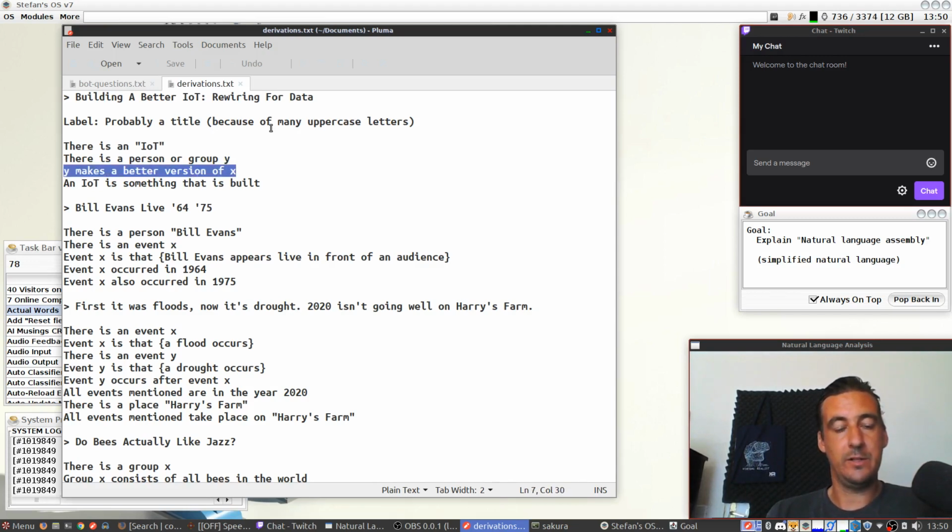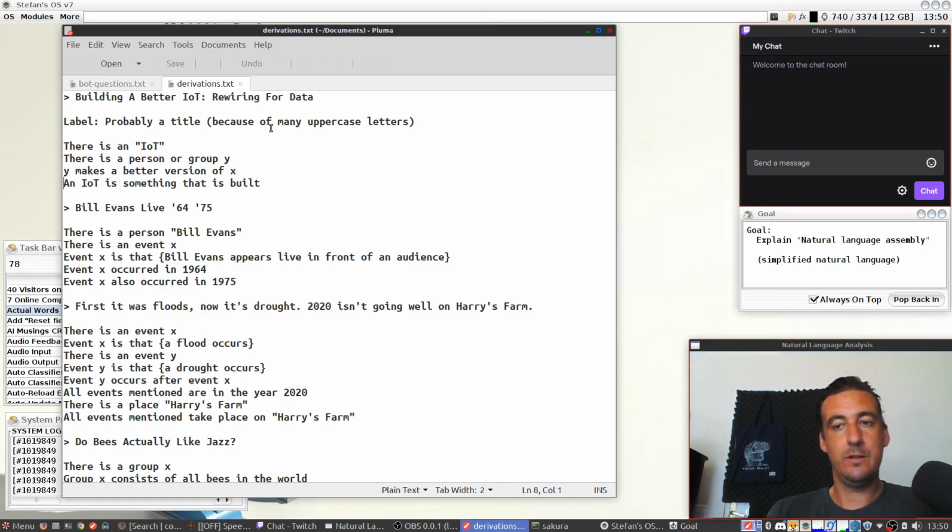And here is a statement of what happens. Namely, someone makes a better version of IoT. And this is also a logical statement. IoT is something you can build, apparently, because if it says building something IoT, it means IoT is a thing that can be built. So we try to explain this free-form input in simple steps.